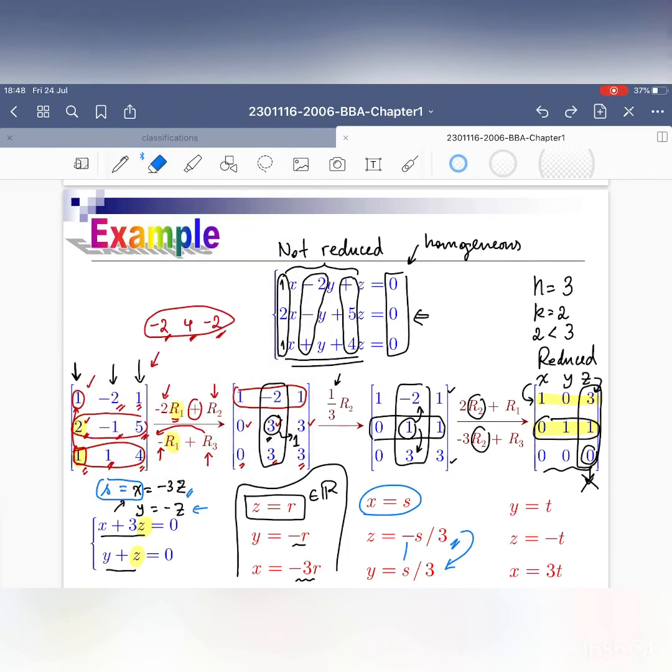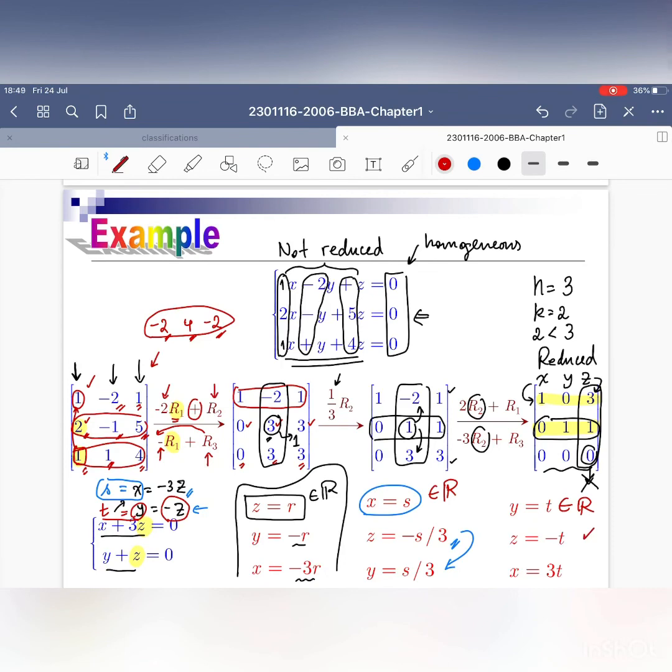And if you want to do it some other way, saying, why don't we let your y equal a real number t? This is a real number s, this is a real number t. Then immediately, if your y is t, then your z is -t, because z is -y.